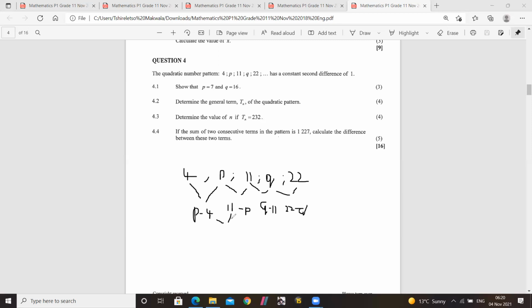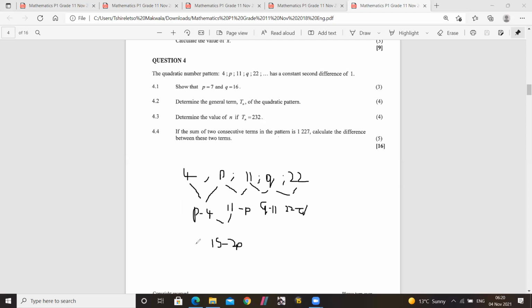So this minus that. It's gonna be 15 minus 2P. Again, when you say this minus, it's gonna be negative P plus 4. So 4 plus 11 is 15, and negative P is negative 2P.